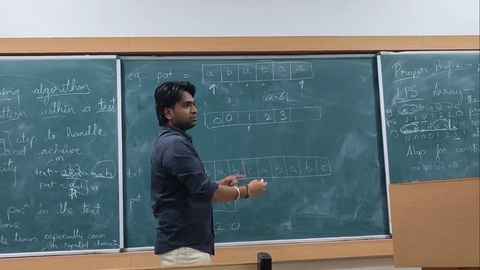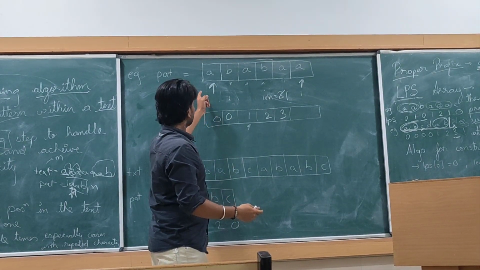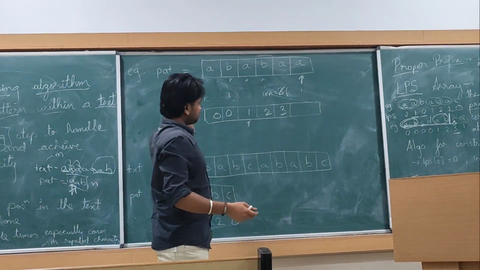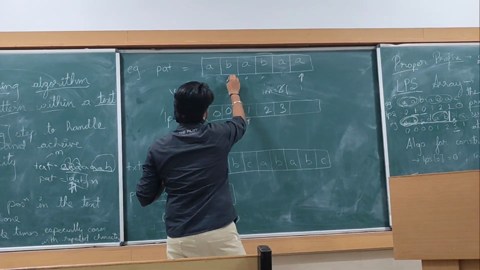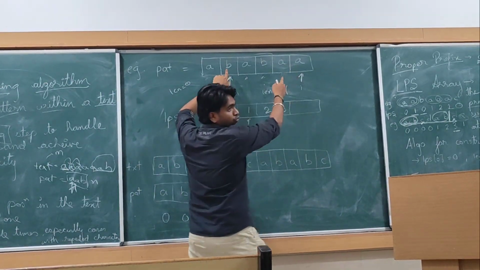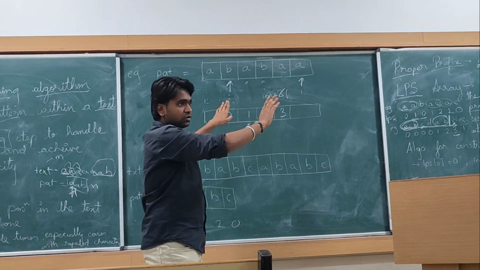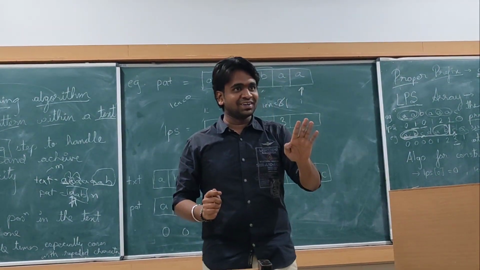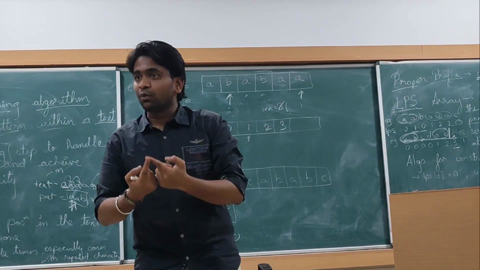Now repeat the algorithm. Length क्या हो गया? 1 हो गया, तो length points to this. Now repeat the algorithm. A and B match हो रहा है? नहीं हो रहा है. But length is greater than 0. Length is 1, so it is greater than 0. Now what will you do?